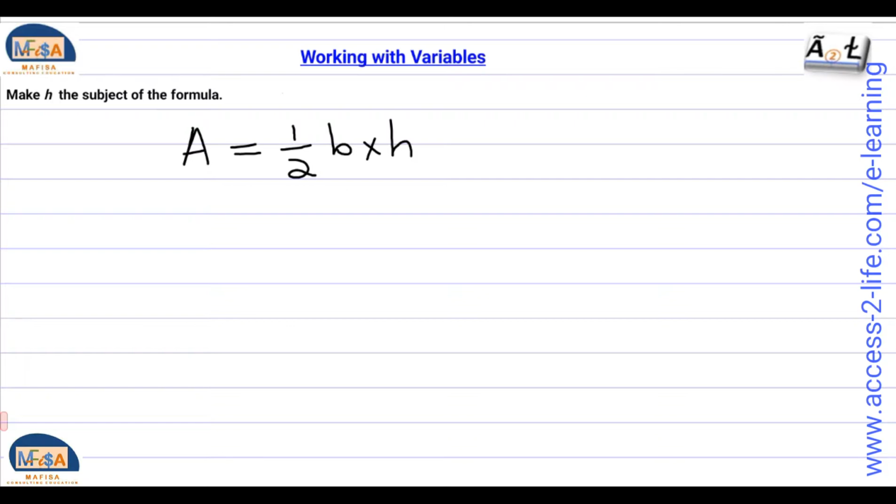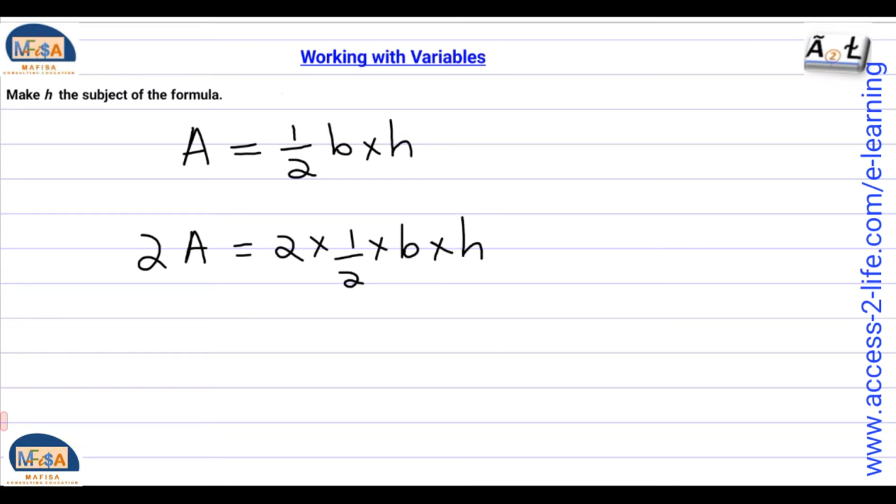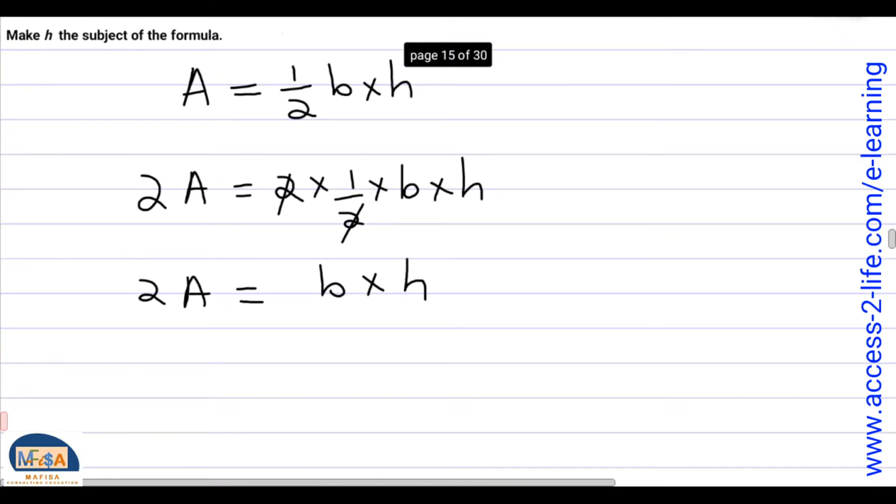So then what we do is we multiply both sides by 2 times b times h. So the 2 cancels out the 2. Then we're left with 2a is equal to b times h. Okay. So we still have the b with the h, and like what we said, we want to have the h by itself, so we can divide both sides by b so that we remove the b from the right hand side.